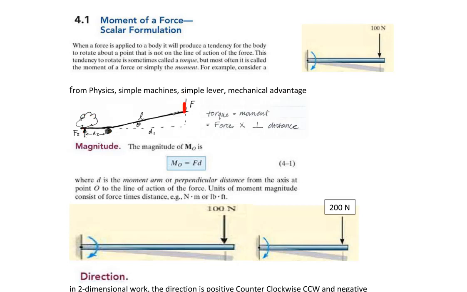The force you're applying would have some force times its perpendicular distance. In other words, we don't want that distance, we want the perpendicular distance, or the cosine of that angle. So the magnitude of the moment is defined as the magnitude of the force times the magnitude of the perpendicular distance away from that point of rotation.